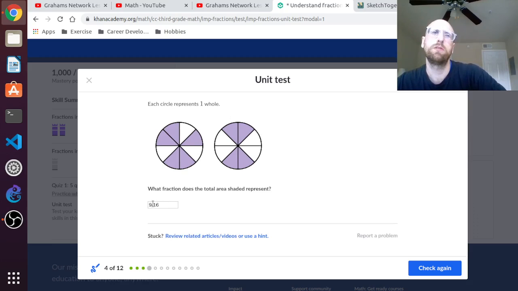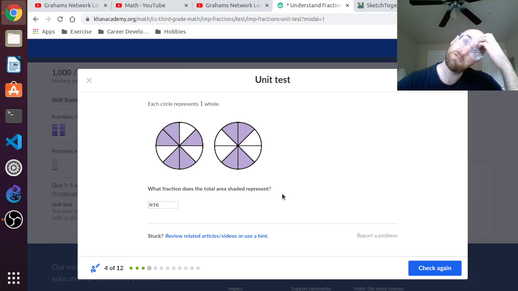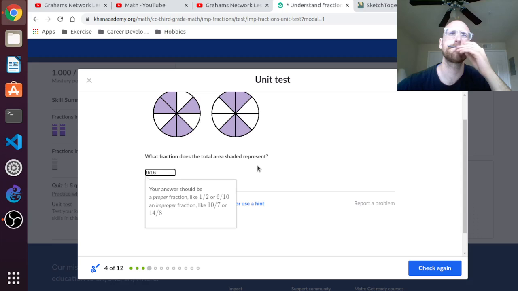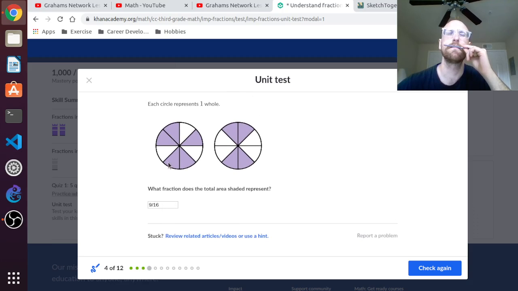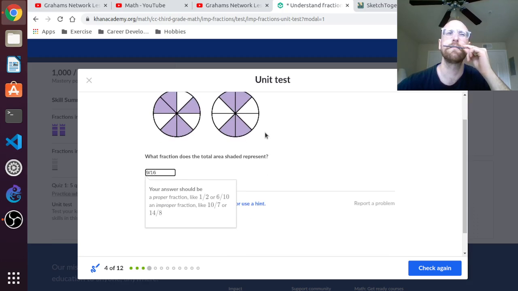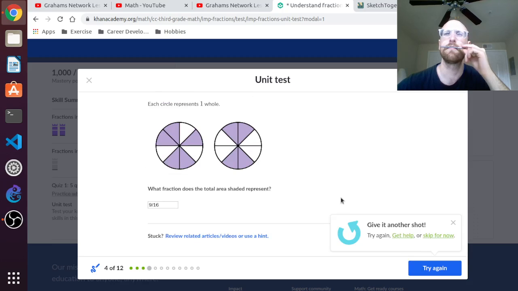Okay, so total area shaded represent. Okay, I think the problem here, I'm just going to get help on this.